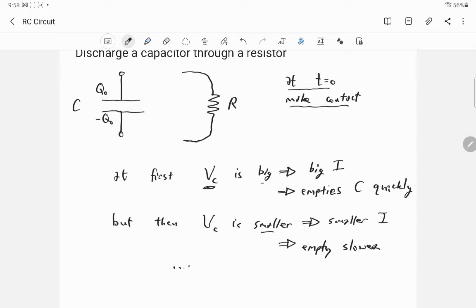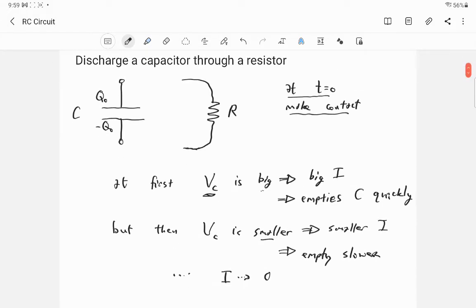And this just keeps going, and at some point it finally gets to 0, and we have finished discharging the capacitor. There isn't going to be any charge separation anymore. There's no more voltage, so there's no more current continuing to take charge away from the upper plate and put it on the lower plate. And I'm talking in terms of a conventional current. Okay, so this is what's going to happen, right?